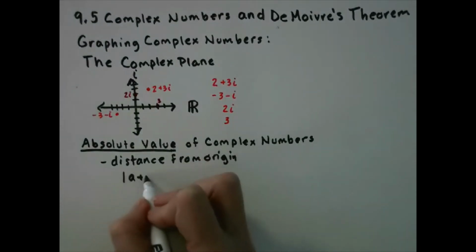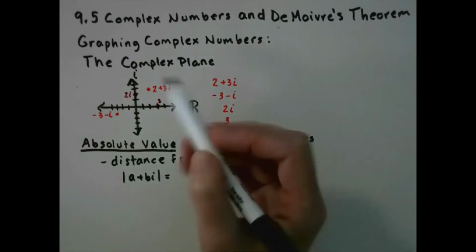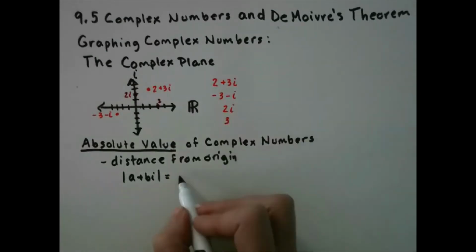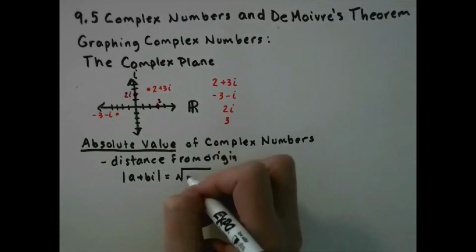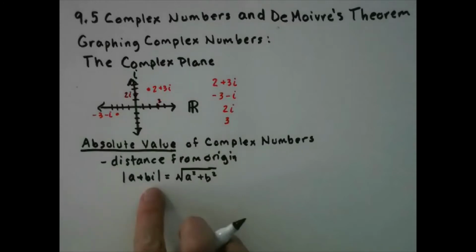So the absolute value of a complex number, a plus bi, if we're just looking for the distance, we're just going to use the Pythagorean theorem. So the square root of a squared plus b squared. Don't include the i. The i is not a part of this, we're just using the Pythagorean theorem.